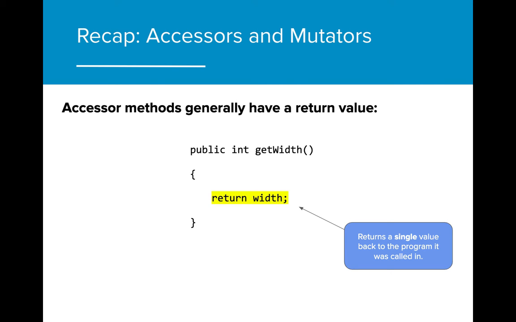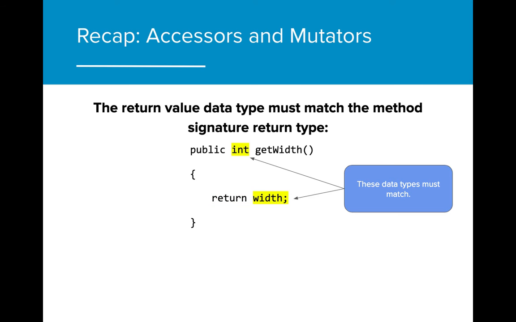In this case, the value of width is being returned whenever the method getWidth is called in a program. It's important to remember that the data type being returned to the program matches the return type that is specified in the method signature. Since this method's return type is an int, the value that is being returned from the method must also be an int type.